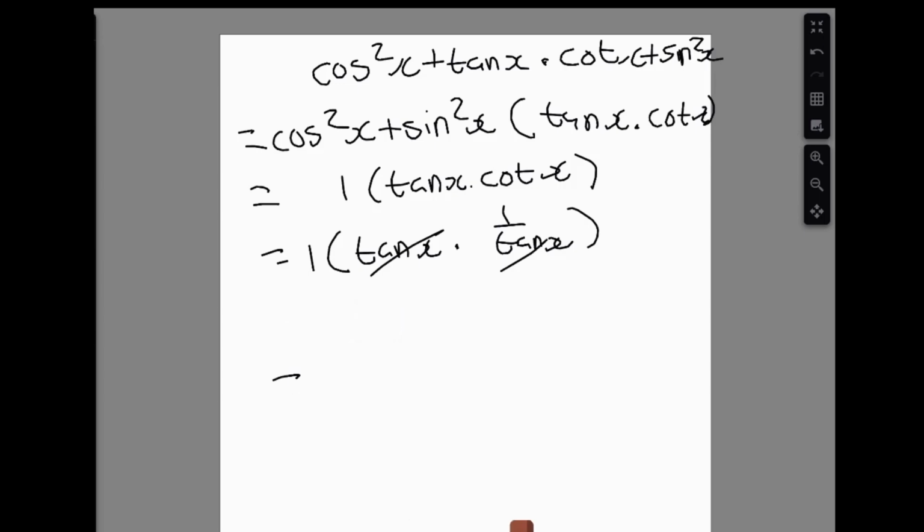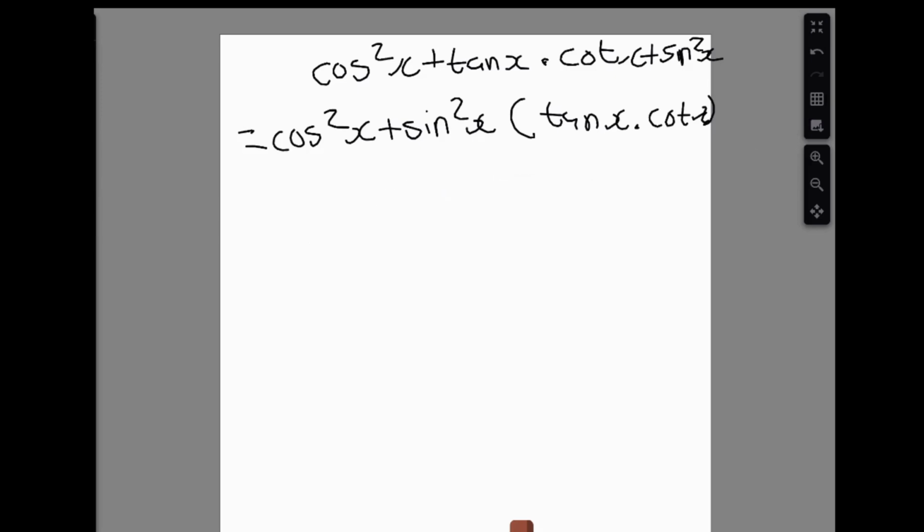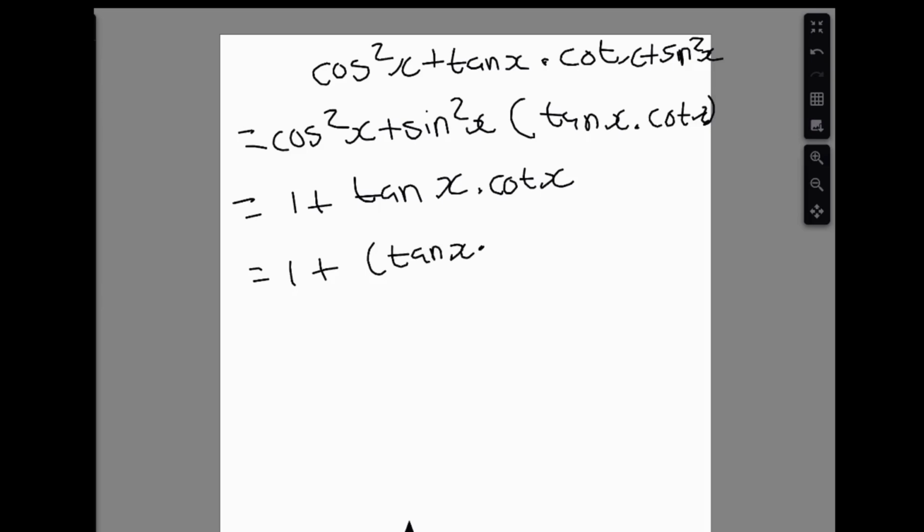What we're supposed to say here was, this equals 1 plus tan x multiplied by cot x, which is 1 plus tan x multiplied by 1 over tan x. This and this is equal to 1 plus 1, which equals 2.